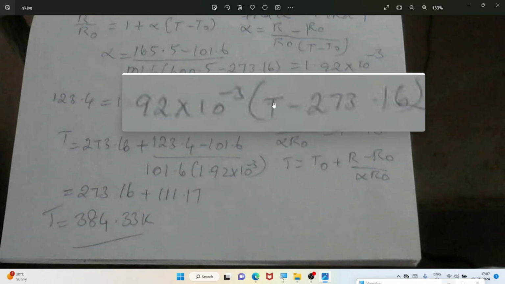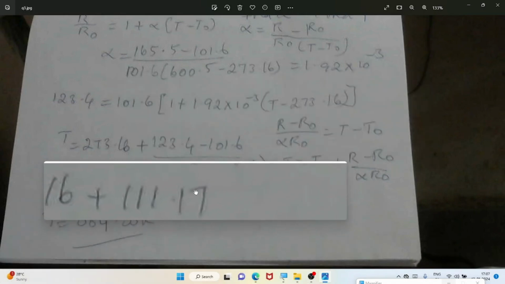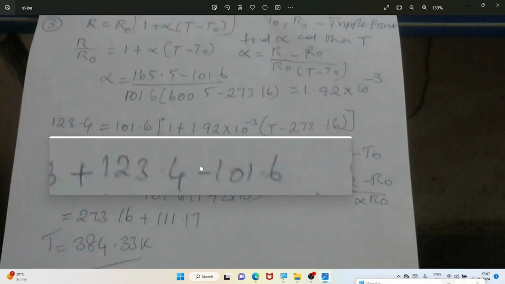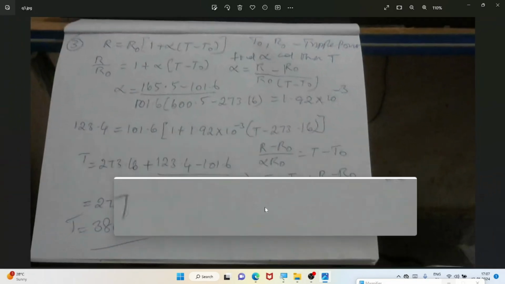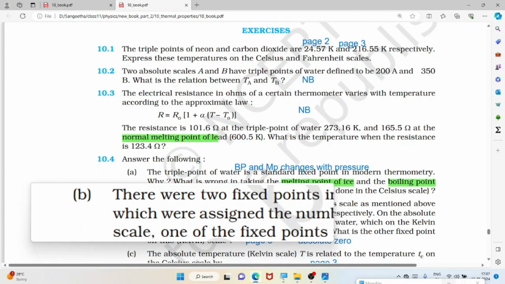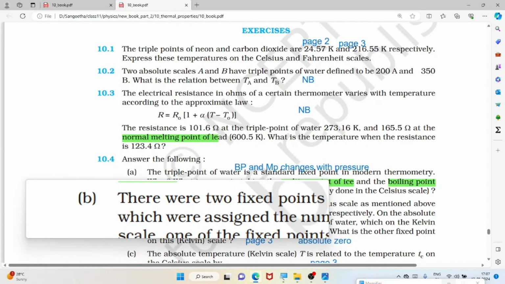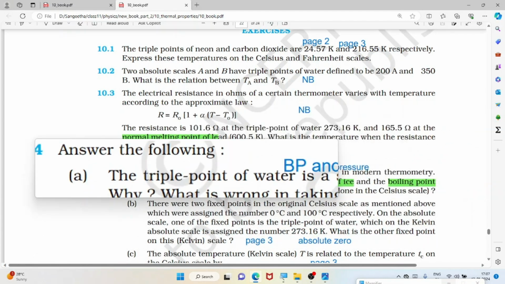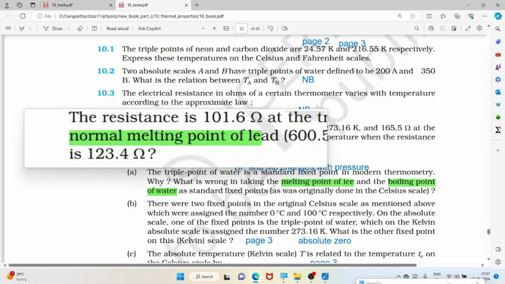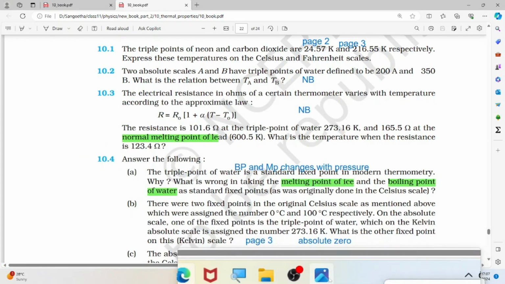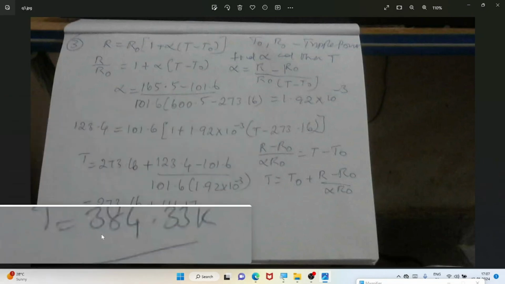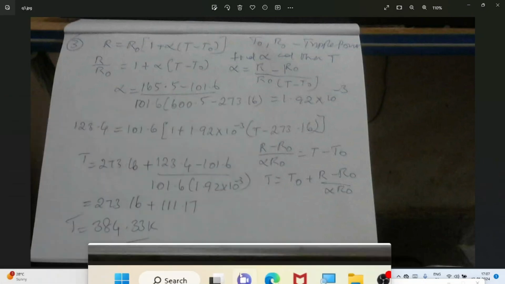This is the triple point and this is the temperature. At that temperature the resistance will be 123.4. Okay, this is the temperature, 384.33 Kelvin.